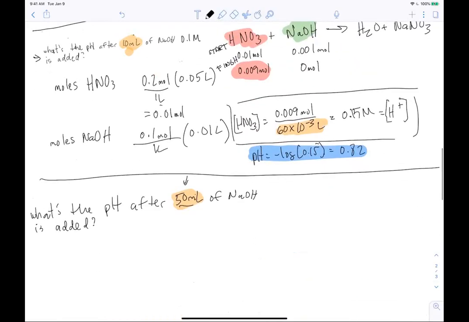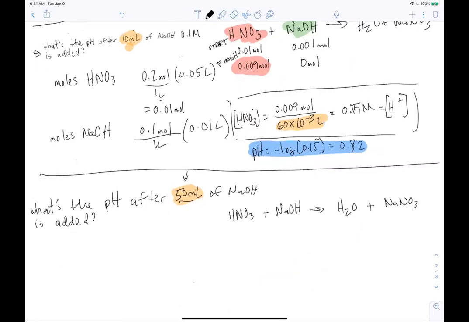Okay, so again, we just do the same exact calculation now. We've got nitric acid and sodium hydroxide. We don't really care what the products are, but we will eventually when we get to weak acids. We know how much nitric acid we started with was 0.01 moles.